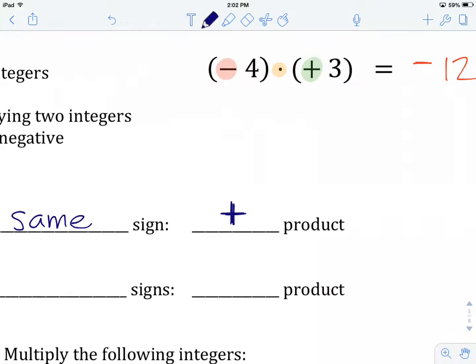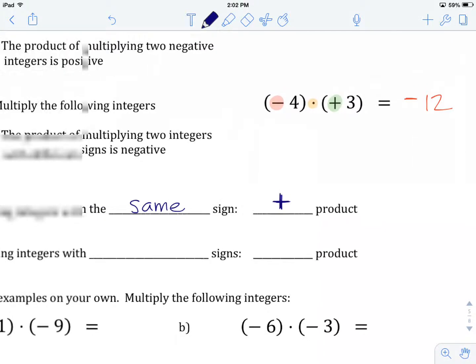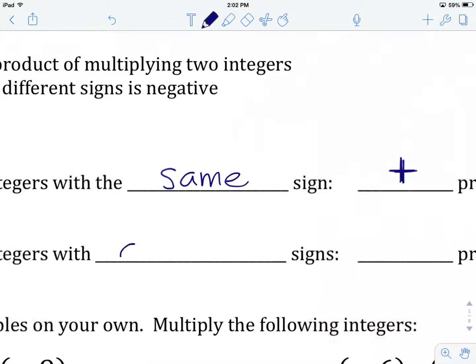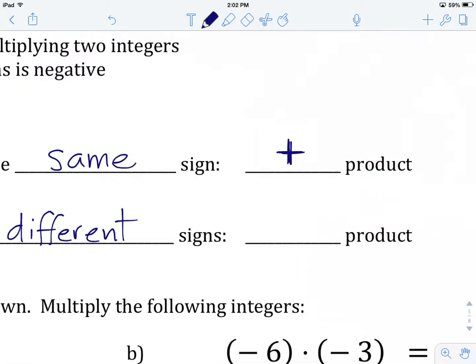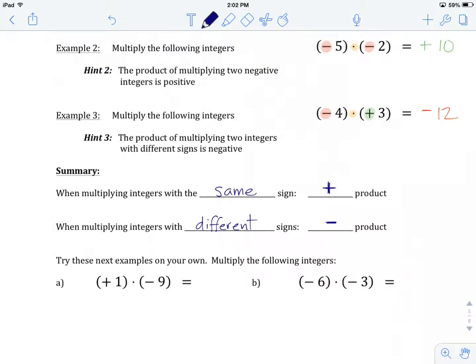The answer will be positive. Conversely, if you are multiplying integers with different signs, that might be a positive integer times a negative integer or a negative integer times a positive integer, the product, the answer, will be negative. So that's a summary of the first 3 examples.